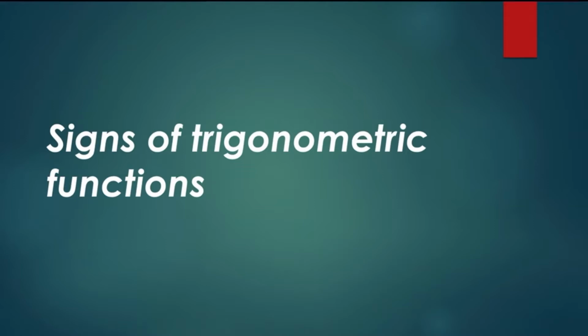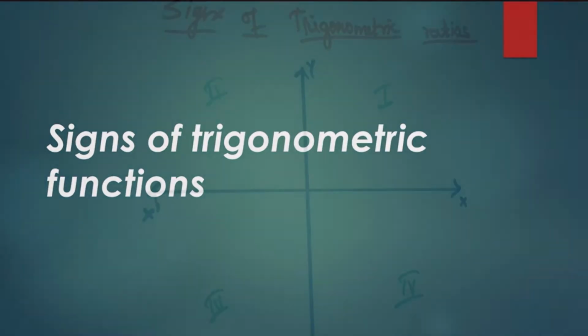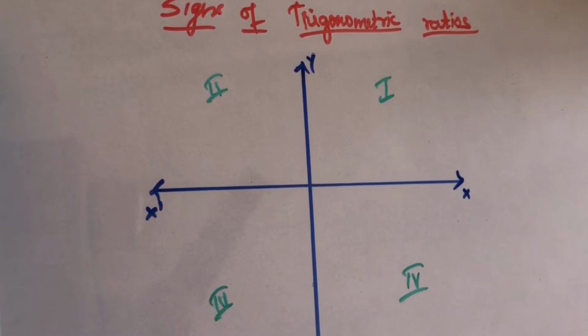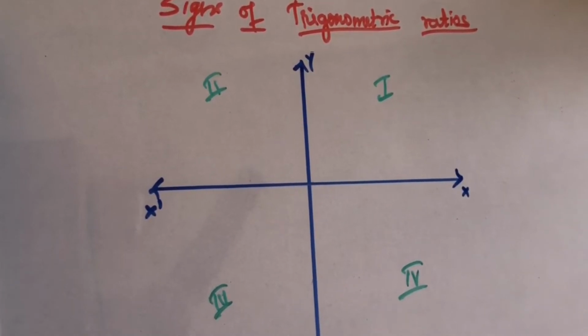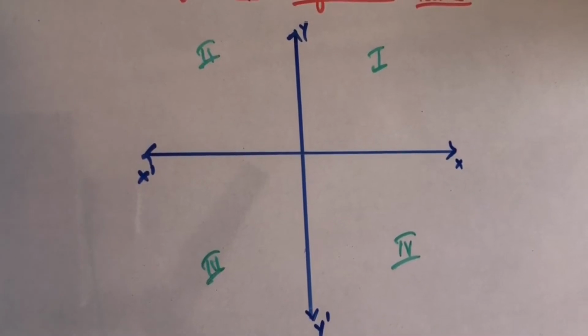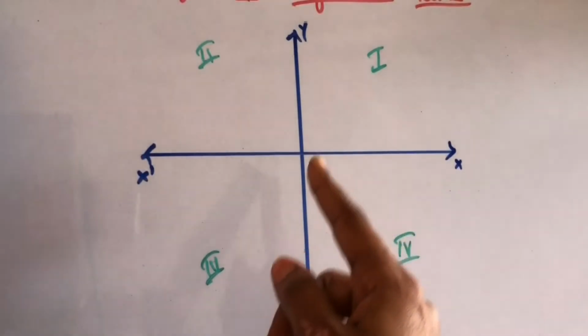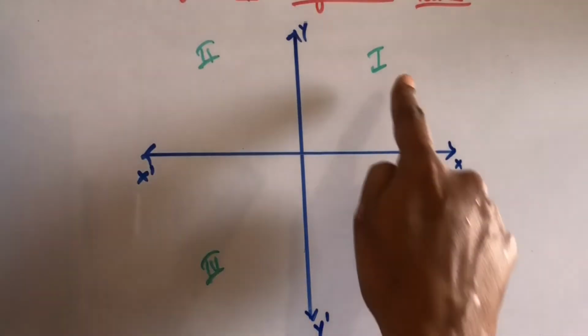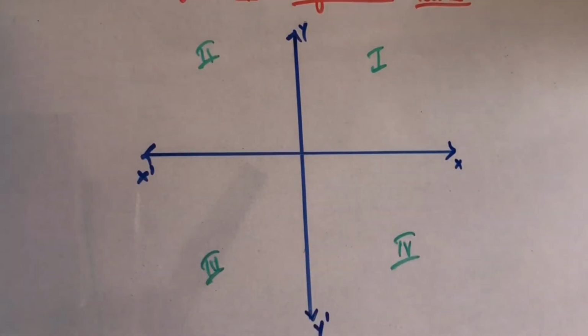Signs of trigonometric functions. Now we are going to learn in which quadrants which trigonometric ratios are positive. These are the 4 quadrants. We name them in the anti-clockwise direction: first, second, third and fourth.